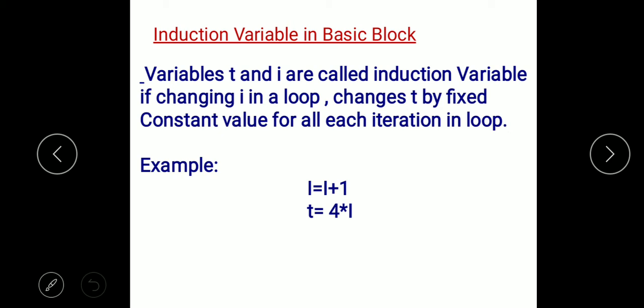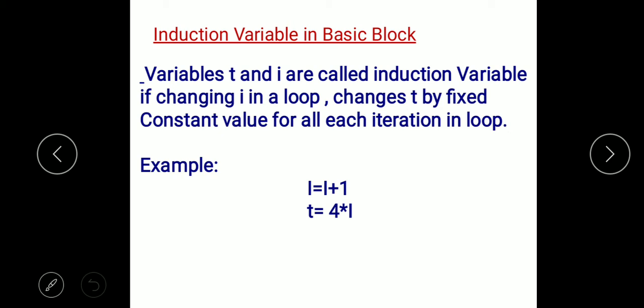First of all, we will try to know what an induction variable is, how to identify induction variables, and thereafter we will try to eliminate them from a basic block. So I think this screen would be clear to you.